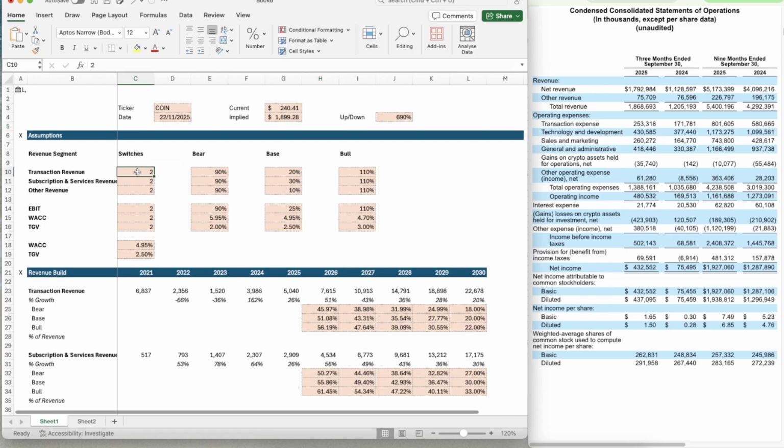If we were to look at this on the bearish scenario, 982. And personally, I don't think that is unreasonable.